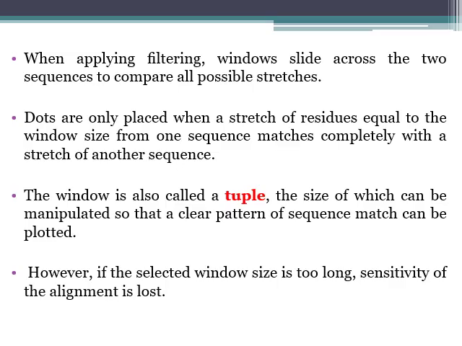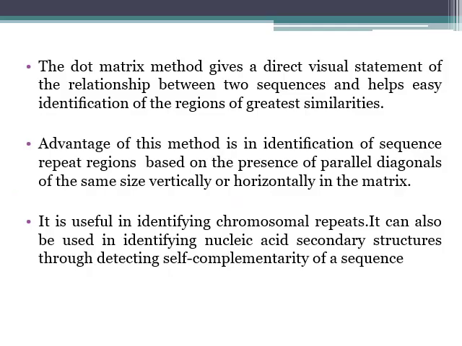So you can set the size of the window so that a clear pattern of sequence match can be plotted. However, if the selected window size is too long, the sensitivity of the alignment will be lost. The dot matrix method gives a direct visual statement of the relationship between two sequences and helps easy identification of the regions of greatest similarity.